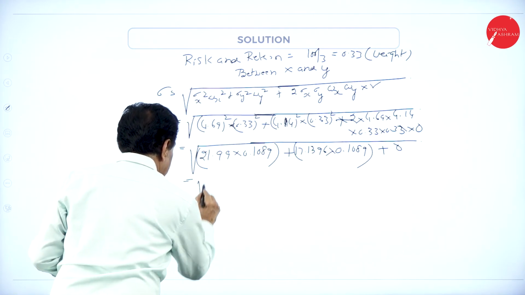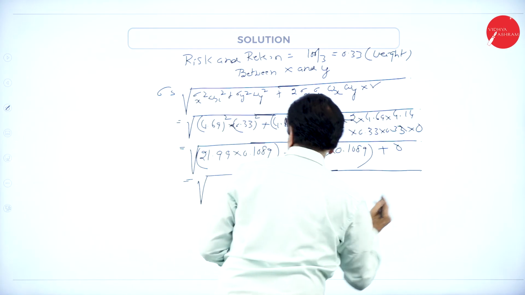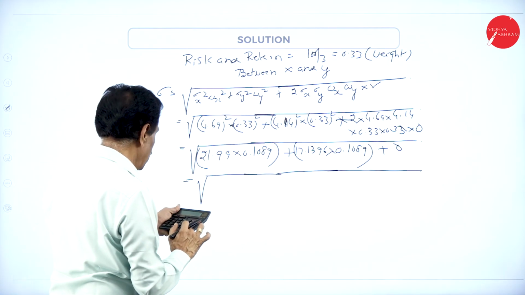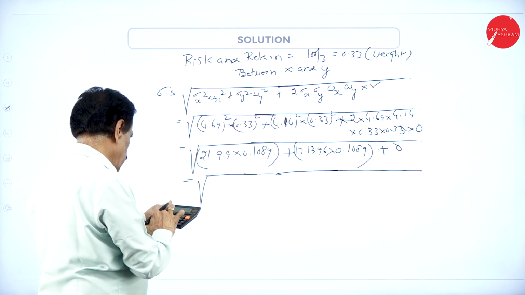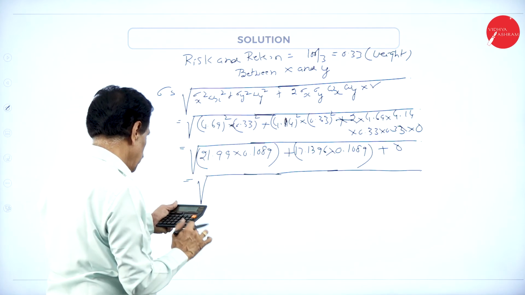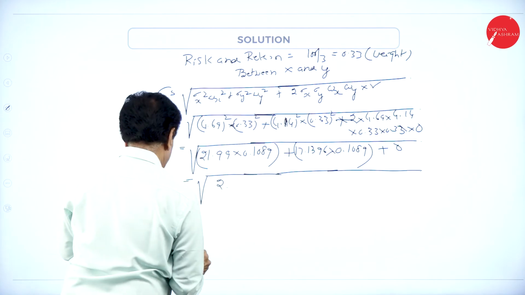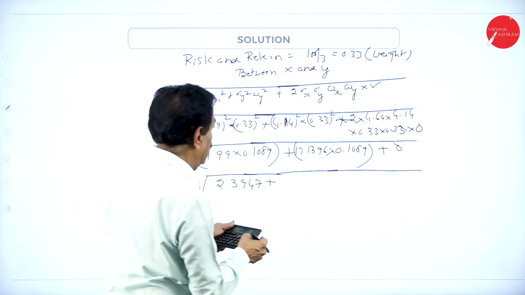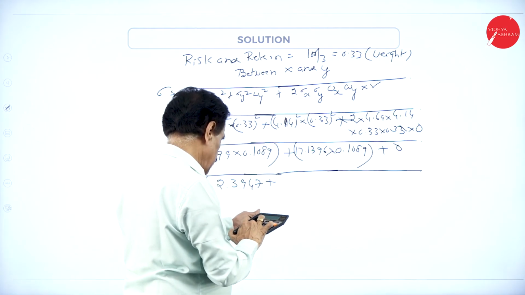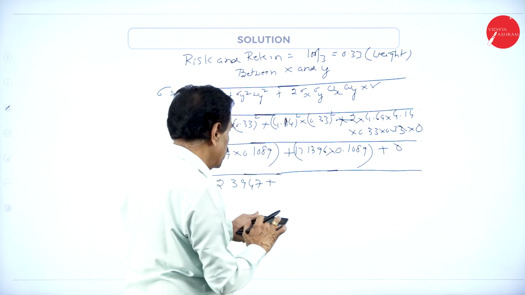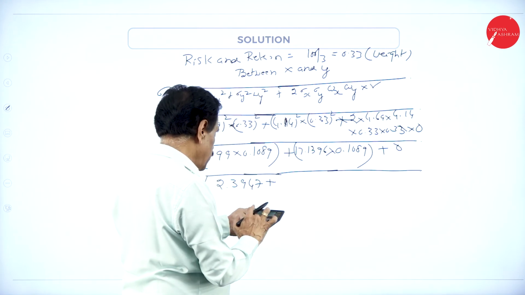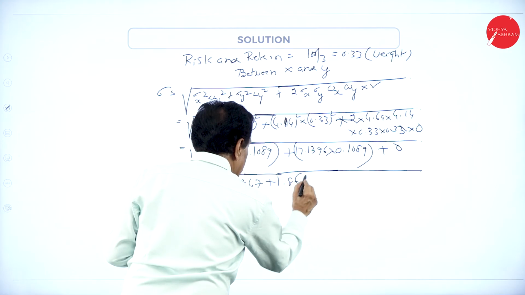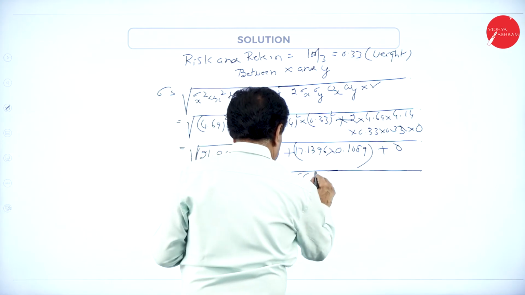Root of 21.99 into 0.1089, 2.394, plus 17.1396 into 0.1089, 1.866, plus 0.